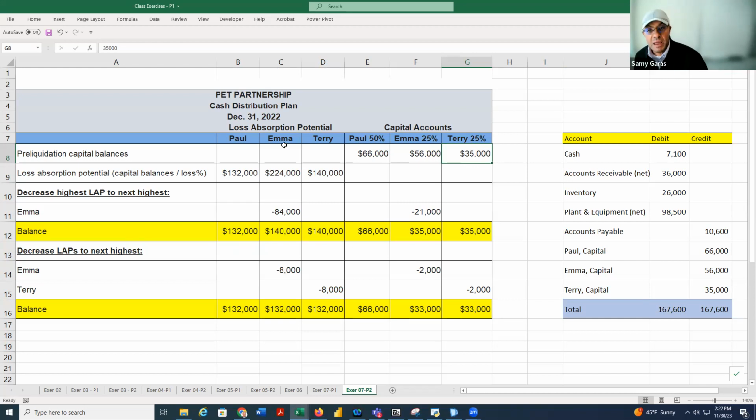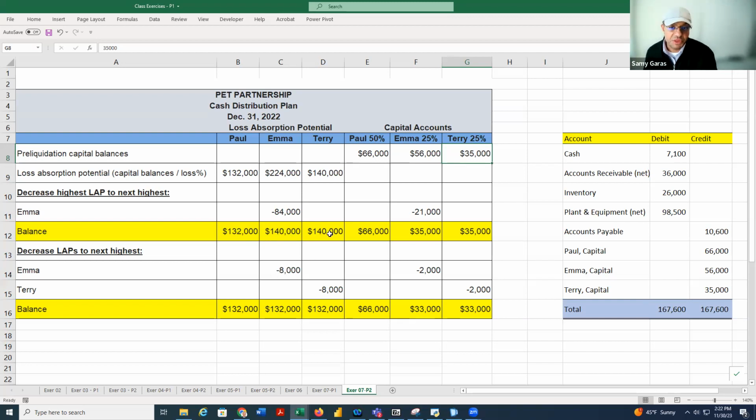Now I have Emma and Terry at 140 LAP, and Paul has 132. So I need to reduce the LAP, the loss absorption potential, from Emma and Terry to be equal with Paul. So let us subtract 140 minus 132. Each one of them will give me 8,000.